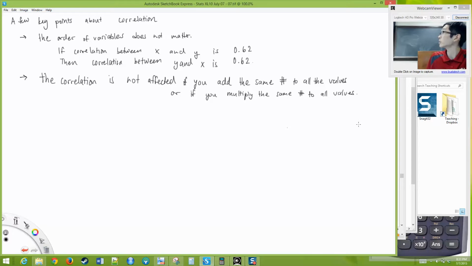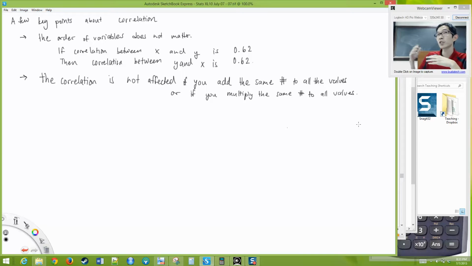So let's say we looked at the temperature in Fahrenheit and the number of people at the beach. What kind of trend do you think we'll see? A positive trend, right? If the temperature is high, you'll probably see more people at the beach. If the temperature is low, you'll see fewer people at the beach, okay?